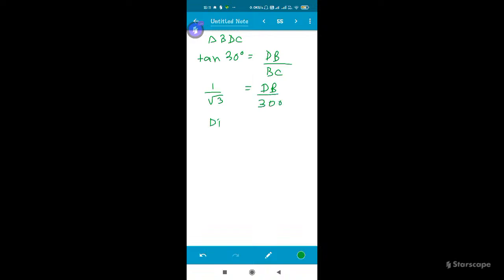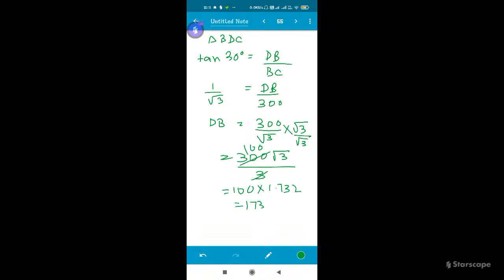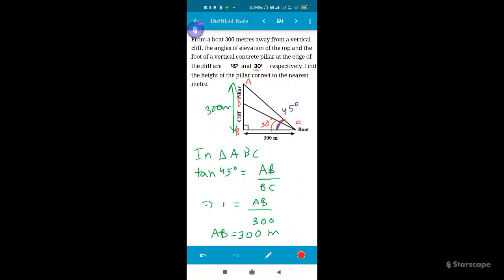So DB will be equal to 300 divided by root 3. So you can rationalize it. You are multiplying with root 3 on both the numerator and denominator. So 300 root 3 by 3. So you are going to get 100 into 1.732. That will give you 173.2 meters. So DB is 173.2 meters, this much.